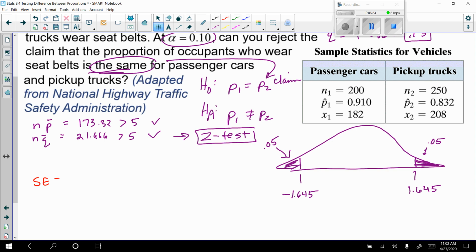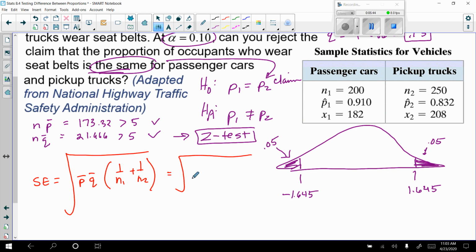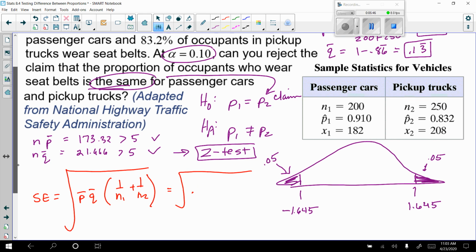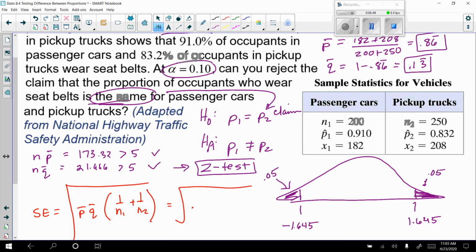Standard error is found by taking the square root of p bar, q bar times the quantity 1 over n1 plus 1 over n2, which is going to be the square root of 0.86 repeating times 0.13 repeating times 1 over 200 plus 1 over 250.